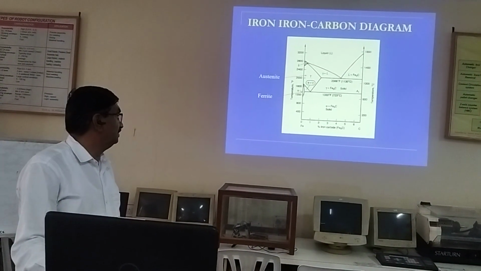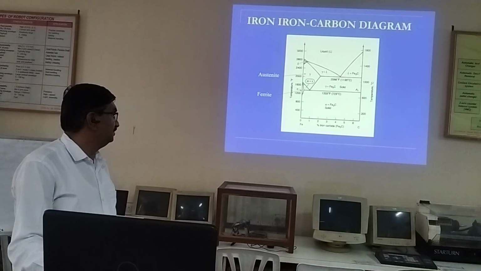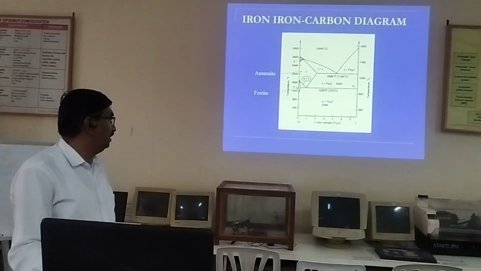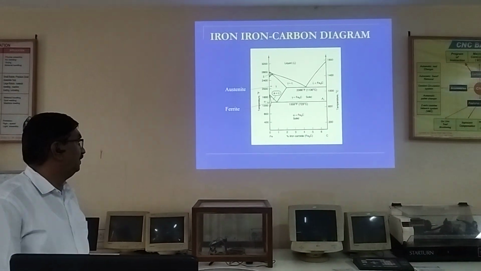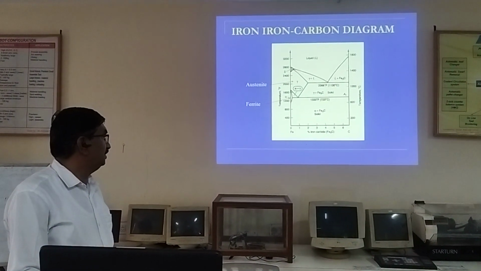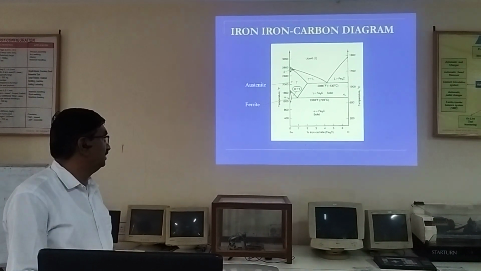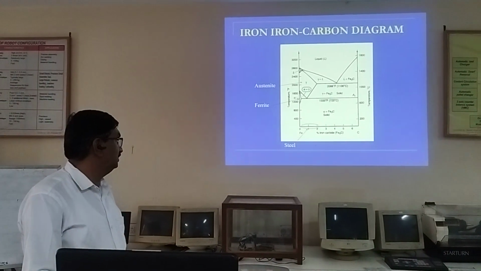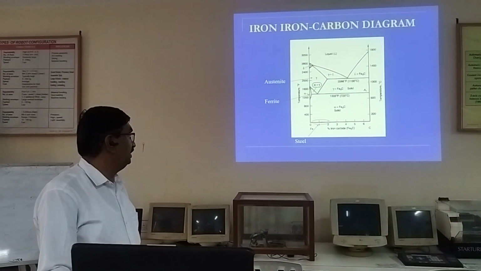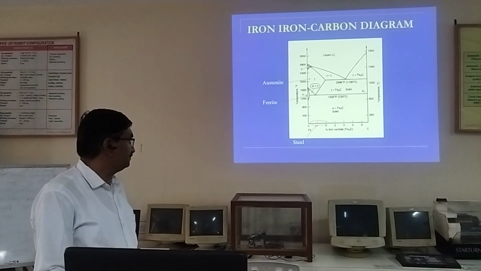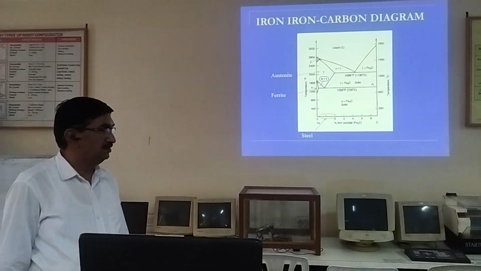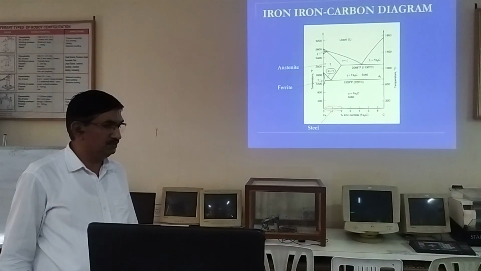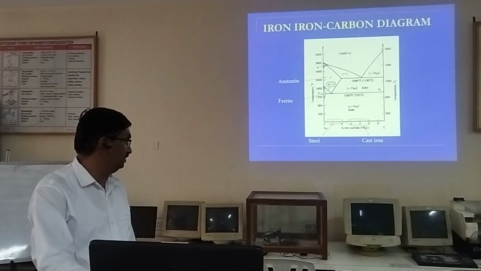The second one we get is austenite, above 723 degrees centigrade up to 1130 degrees centigrade, and after that we get delta ferrite. Carbon up to 2% is called steel, and above 2% we get cast iron.